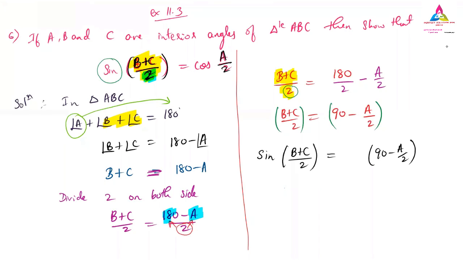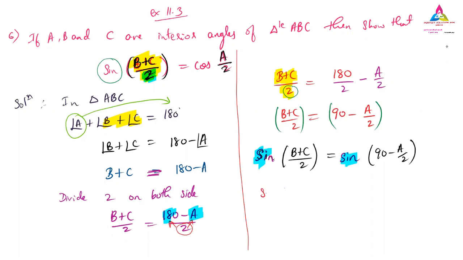Yes, it is sine itself. We can't take the cos. We have to take the same function, because the same thing we have to do on the right and left hand side. If you are multiplying, dividing, subtracting or adding, we have to do the same thing. So I have taken the sine function on both sides.